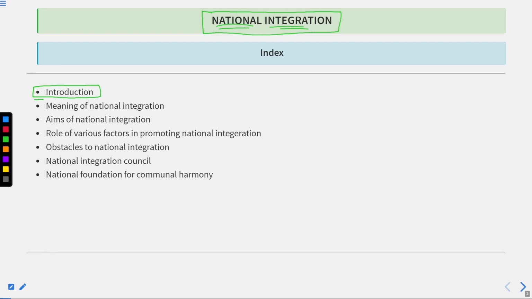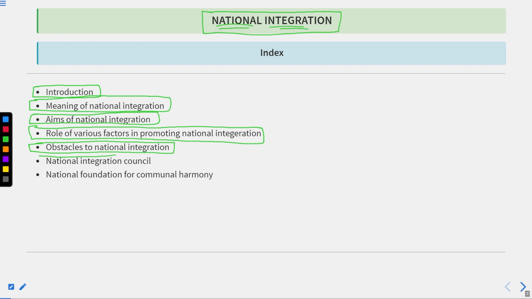Apart from this, the meaning of national integration, aims of national integration, role of various factors in promoting national integration, obstacles to national integration, the National Integration Council or the NIC, and the National Foundation for Communal Harmony.